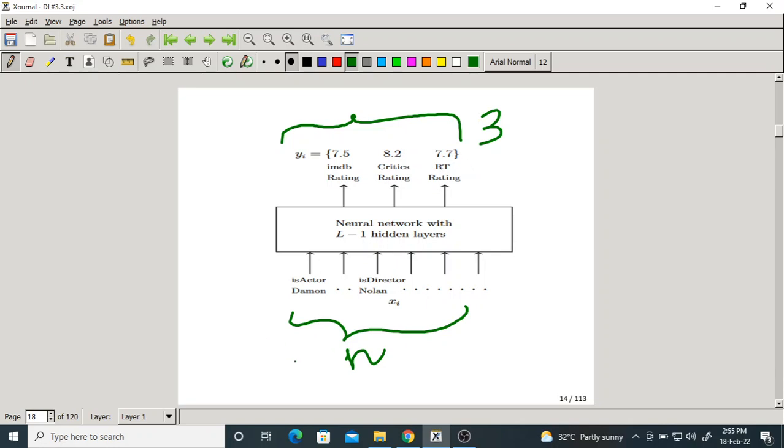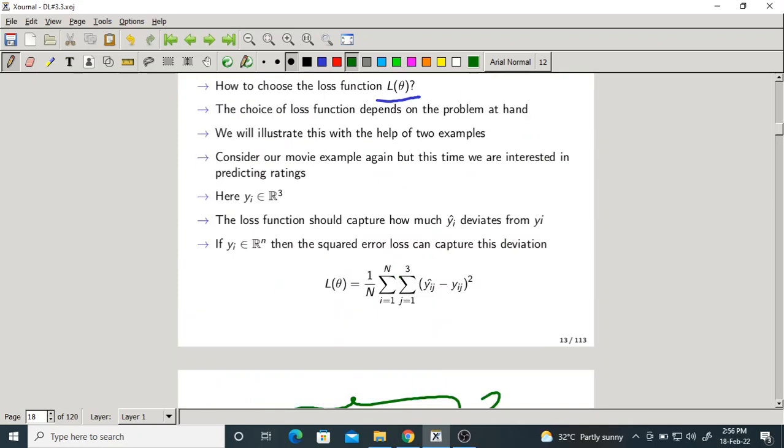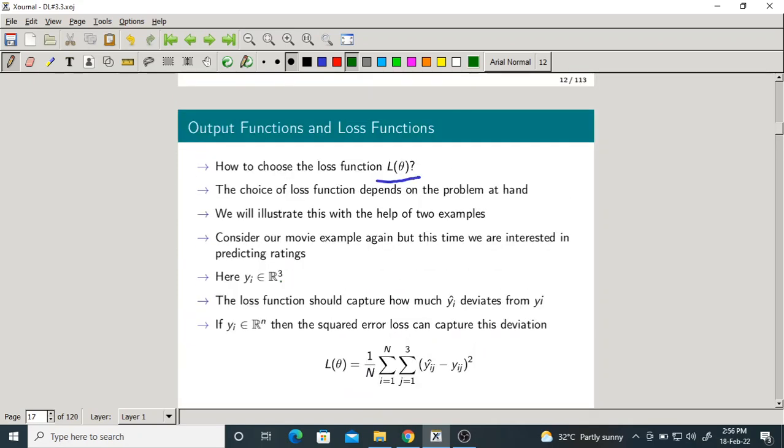So the input is n-dimensional, the output is 3-dimensional. Obviously, the output belongs to R3, yi. Okay. So the prediction is of only 3 values. From n features, we predict a vector of 3 values. So it has L-1 hidden layers. Everything is the same. Now here yi is in R3.